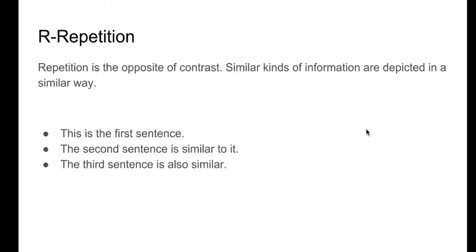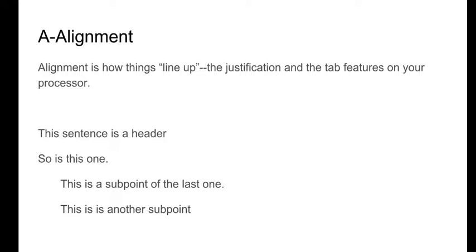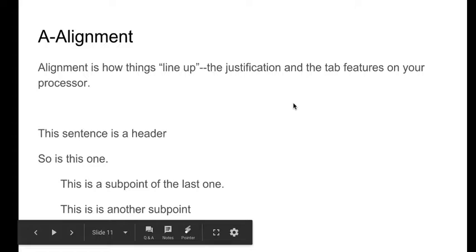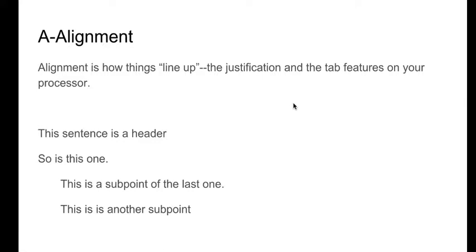Bullet points are also a really good example of this next point, alignment. Bullet points are really good examples of using alignment. You can see how the example in this slide gives the reader information about the content of the sentences and their relationship. So you can see these are headers, these are subpoints. You do want to be cautious about having too many different types of alignments.